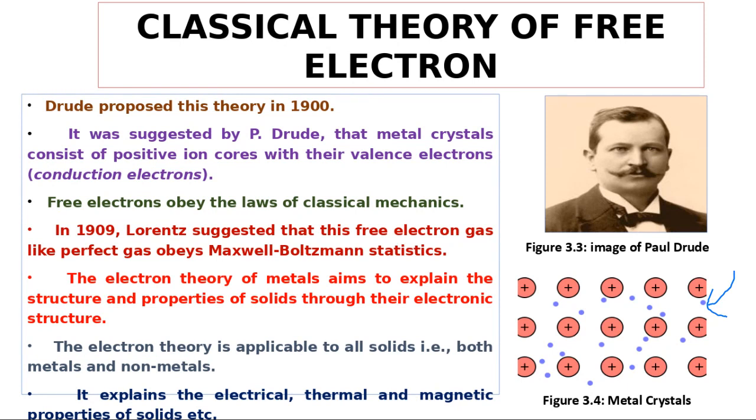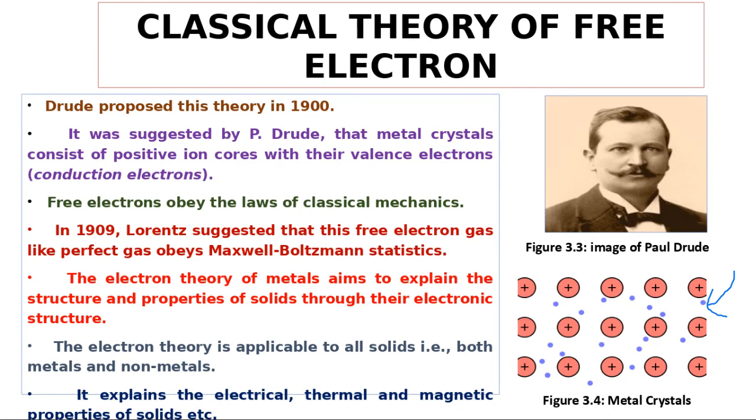The electricity conducted by the metals is only due to the presence of these valence electrons, and that's why these valence electrons are also named conduction electrons.